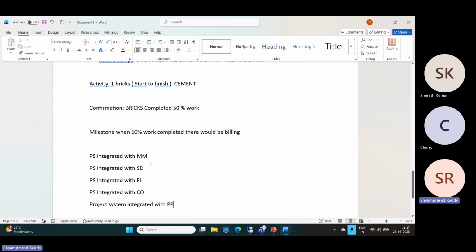These are the things we will discuss in the project system stage: investment management and project system integration with SD, FI, CO, and PP.